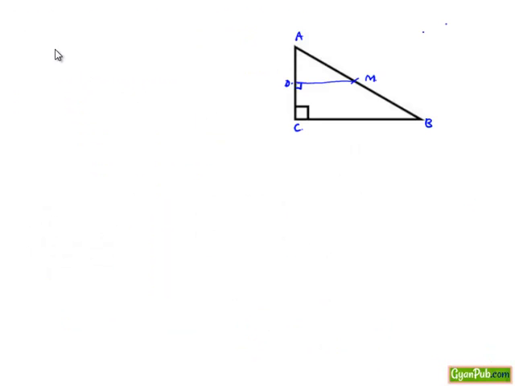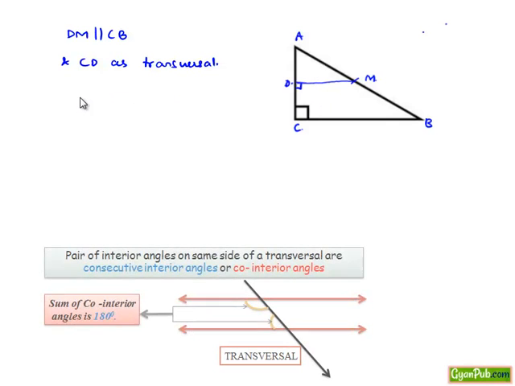Now we know that DM is parallel to CB, and let us consider CD as transversal. When DM is parallel to CB and CD is transversal, angle MDC and angle C lie on the same side of transversal interiorly. We know that sum of angles lying on the same side of transversal interiorly is 180 degrees.